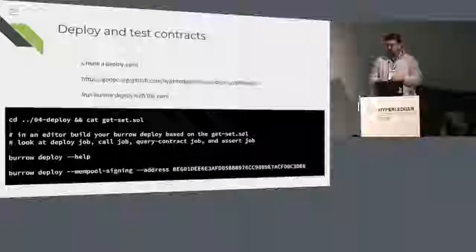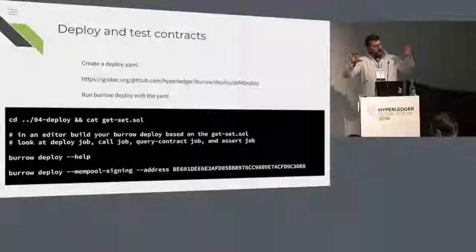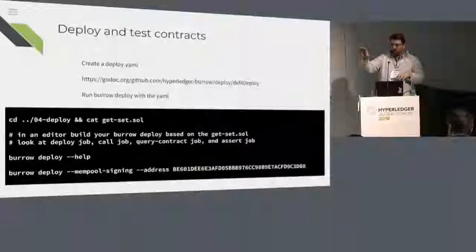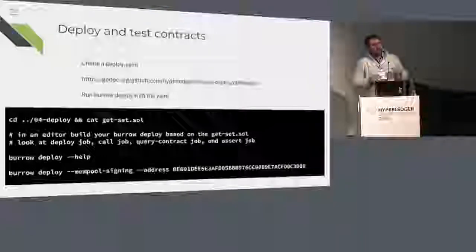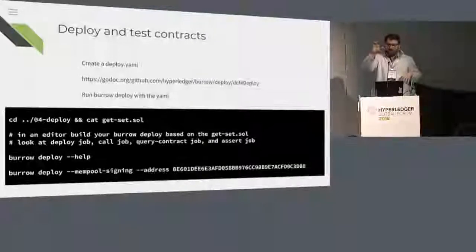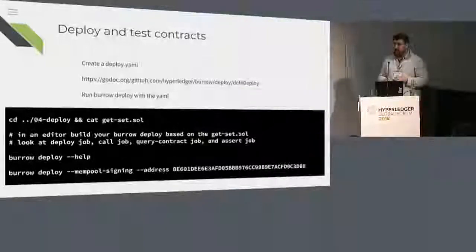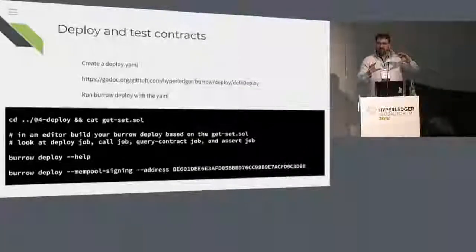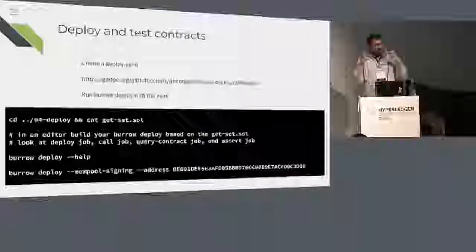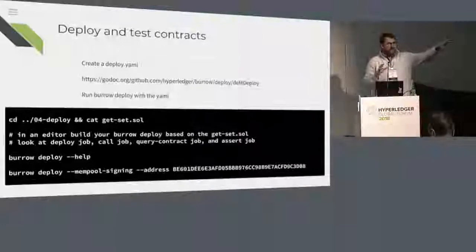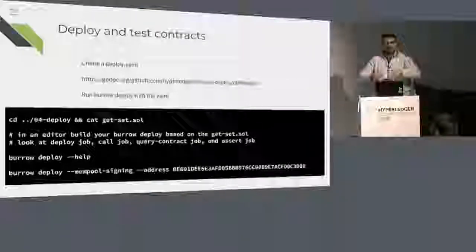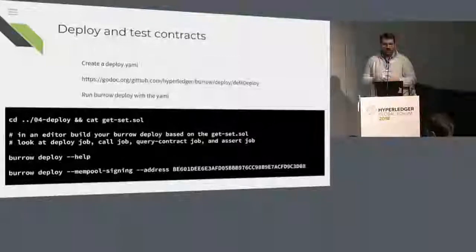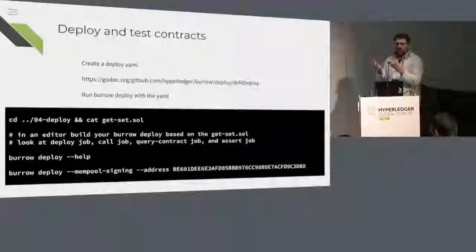In more sophisticated setups where you have divergent signing binaries and Burrow runtimes, you can give Burrow deploy a signing address to use and a chain URL to use. In that instance, it will formulate the transactions, send them to the signer, receive the signed transaction back from the signer, and then send into the Burrow network the actual signed bytes.